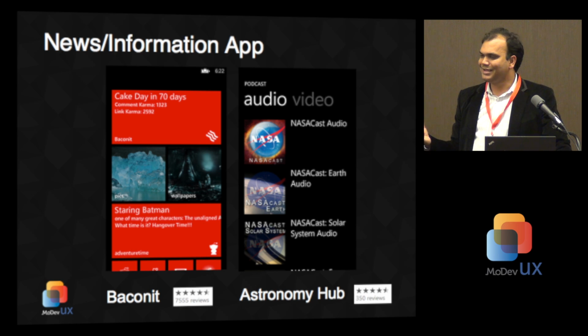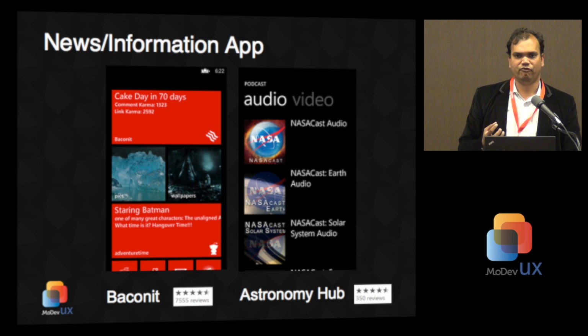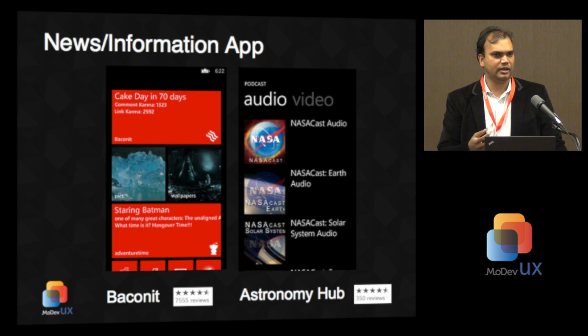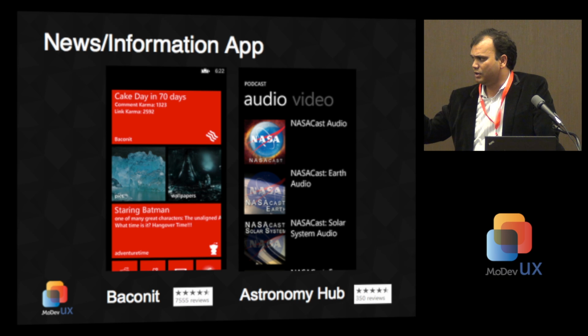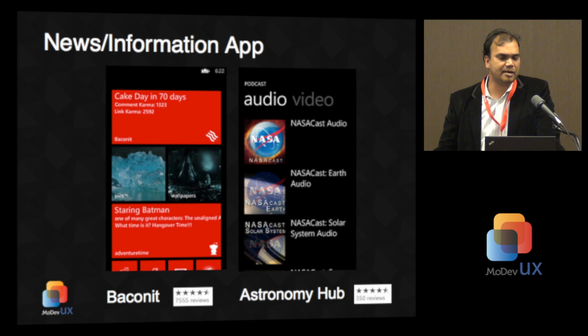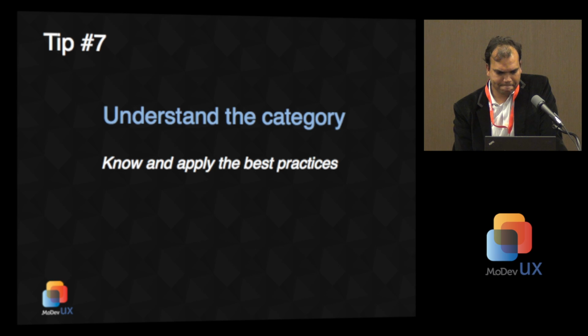This is like a standard guideline which nobody talks about, but there's a design guideline that evolved over time, because all of these people have been creating these apps for a long time, and you are now creating this app. So just follow these guidelines. So that's my tip 7.